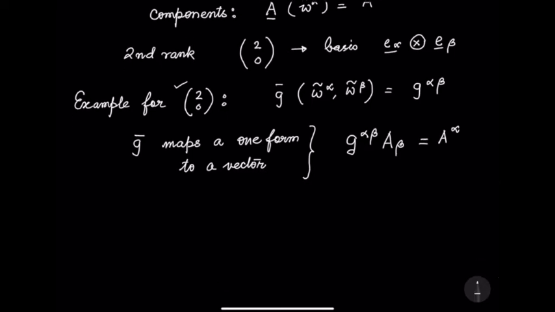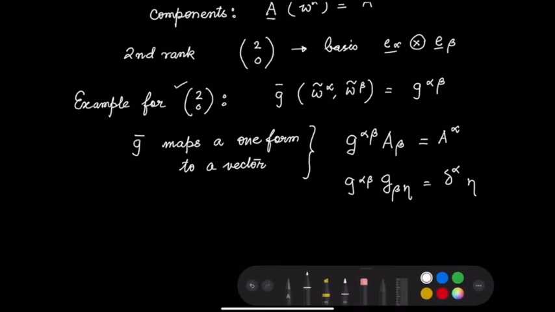And I also leave it for you to figure out that G alpha beta, G beta eta is delta alpha eta. These two are inverse of one another.